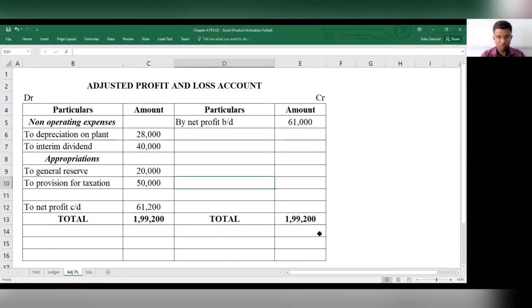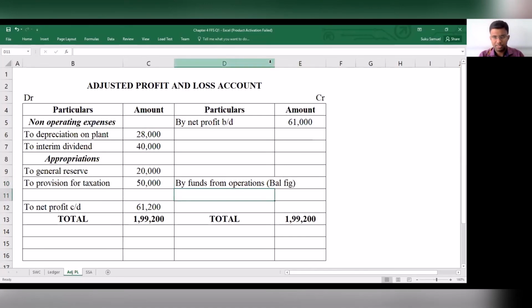So where will the balancing figure fall? The balancing figure will fall on the credit side. So that would be by funds from operation. This is your balancing figure.